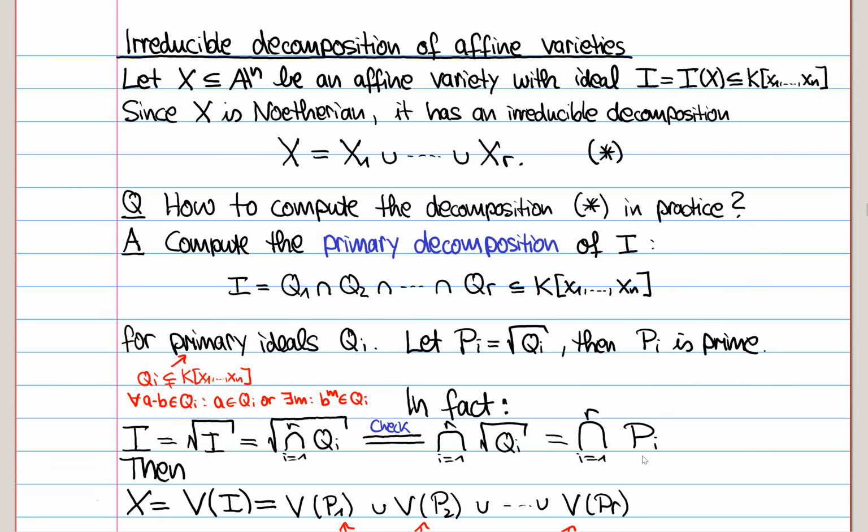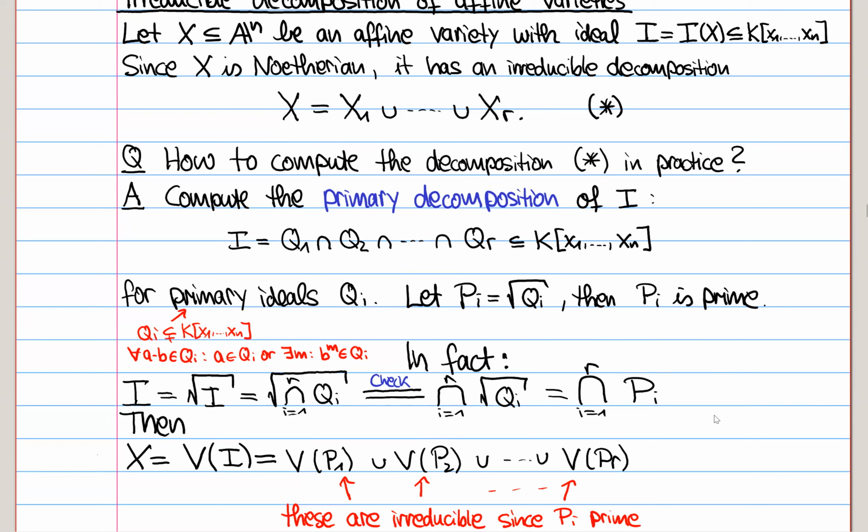And now we're getting closer to this irreducible decomposition because, well, the set X is by the Nullstellensatz the vanishing set of its ideal of functions, or ideal of polynomials vanishing on it. And I is then an intersection of these ideals.